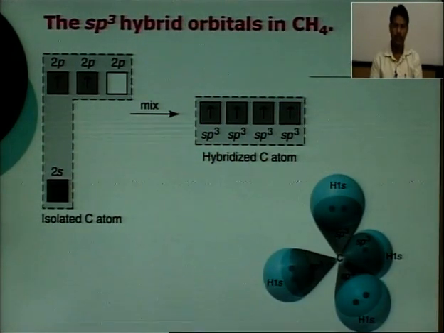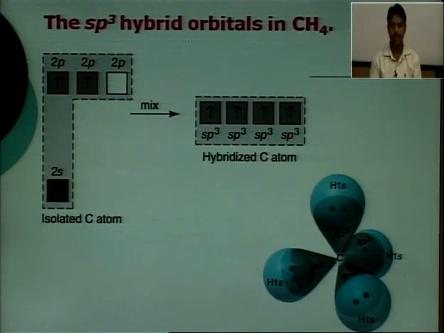Next, sp3 hybrid orbitals in methane, shown in the picture. In carbon, one electron from 2s is promoted to the p orbital, and the four orbitals, one s and three p, intermix with each other and form four orbitals of equal, that is degenerate, energy. These are called hybridized orbitals.